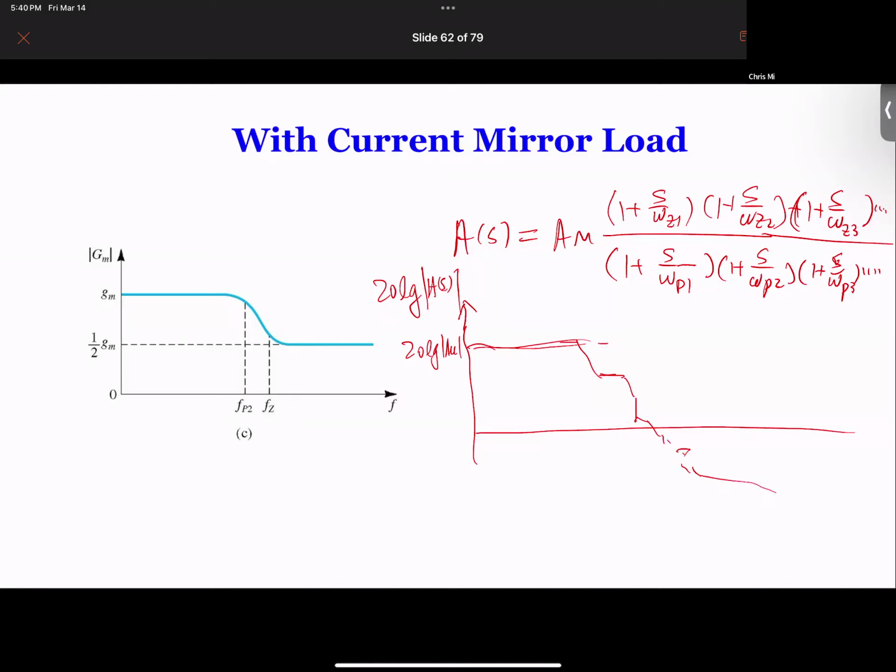Each one of them is pole, zero, pole, zero, and maybe another pole, another zero. If it's starting with 1 pole, this is 20 dB. I mean, when you have 2 poles at some point, it becomes a 40 dB drop. And here, the very first one, we call the dominant pole.